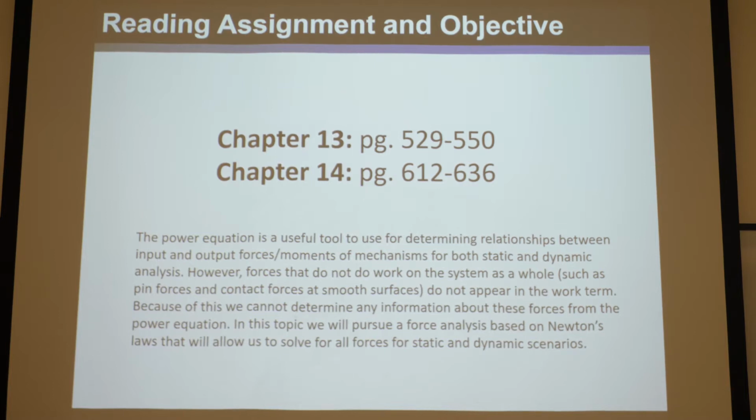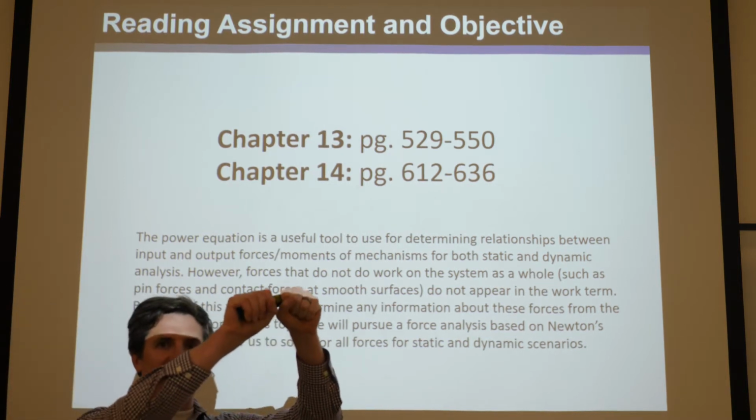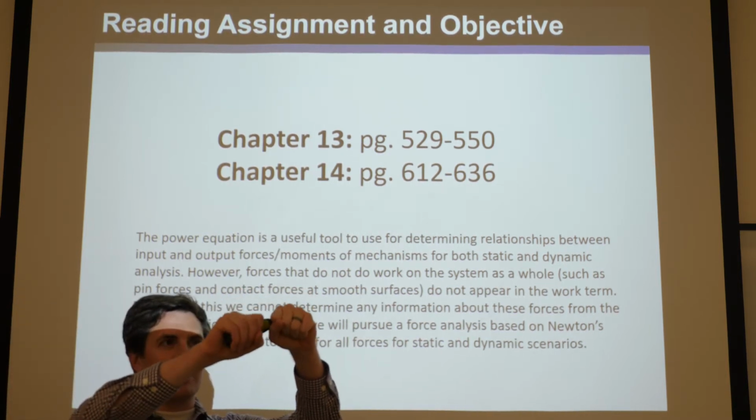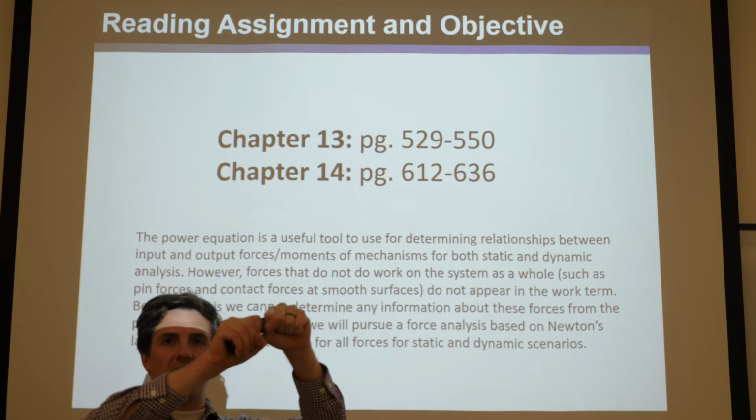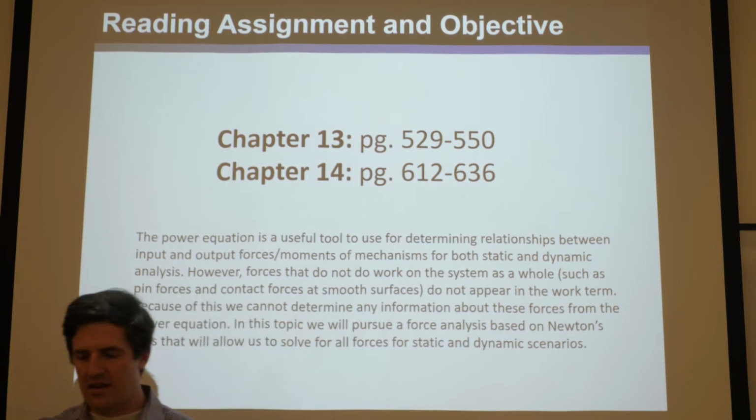Okay, but you might recall, well, let me just read this. Forces that do not do work on the system as a whole, such as pin forces and contact forces at smooth surfaces, and joints really, do not appear in the work term. So remember, if you have two links pinned together so that they can rotate, one link puts a force on the other and that link puts a force on it.